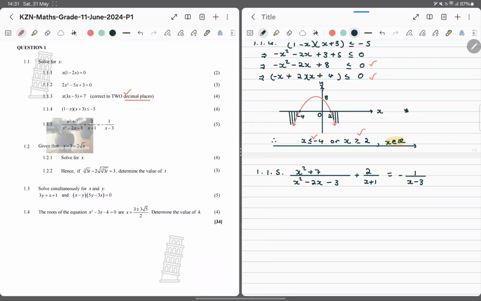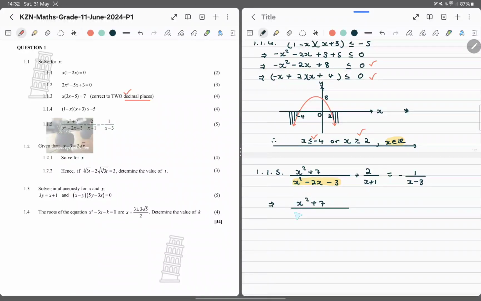Now, rational equations are interesting, but it's nothing but a parabola, because we can see that we've got a parabola right here. And the first thing that we need to do is to just factorize this thing. This one is not necessarily factorizable, so we leave it as it is.